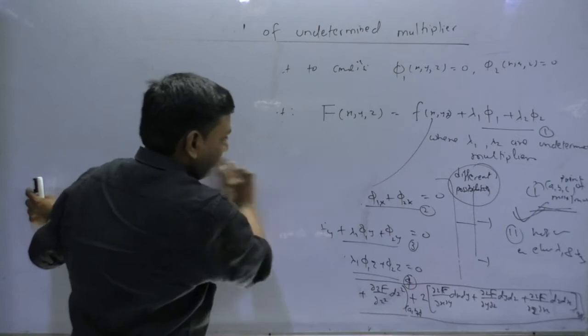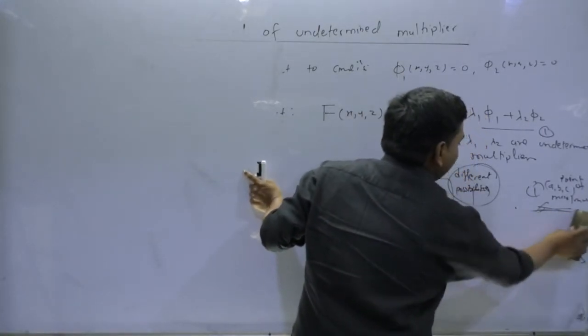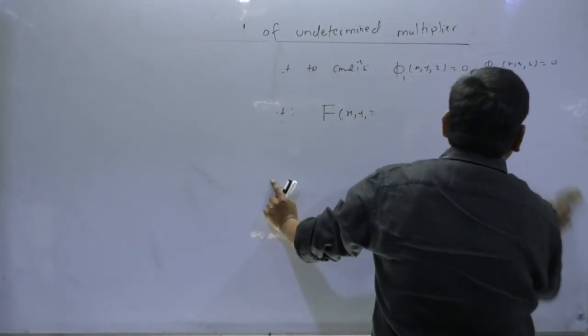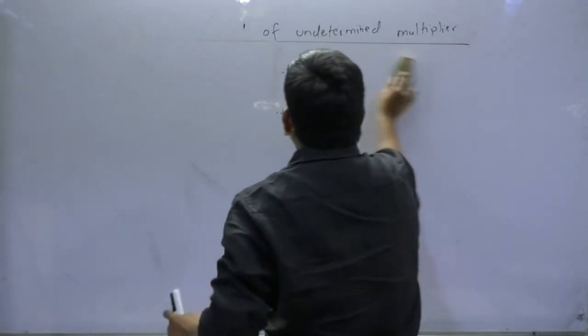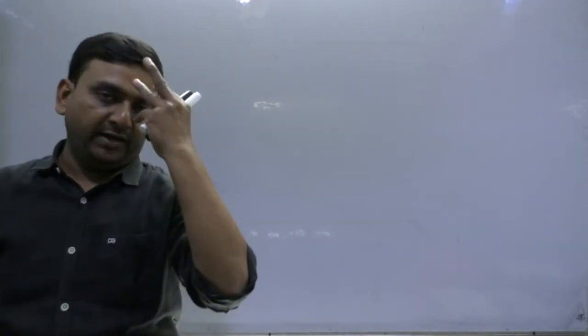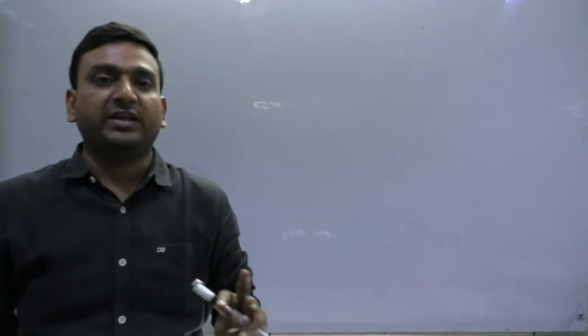Unless you solve it, you will feel the disaster in your exam hall. All examples need to be solved at least 3 times, otherwise you will not be able to perform in the exam. So let's have some questions on the Lagrange method of undetermined multipliers.